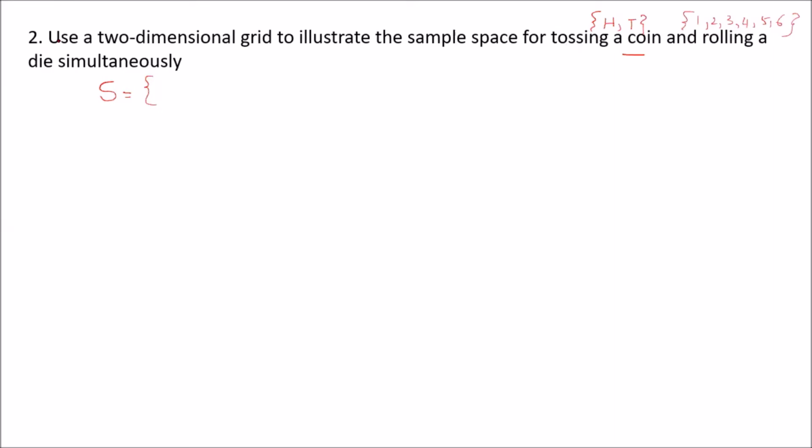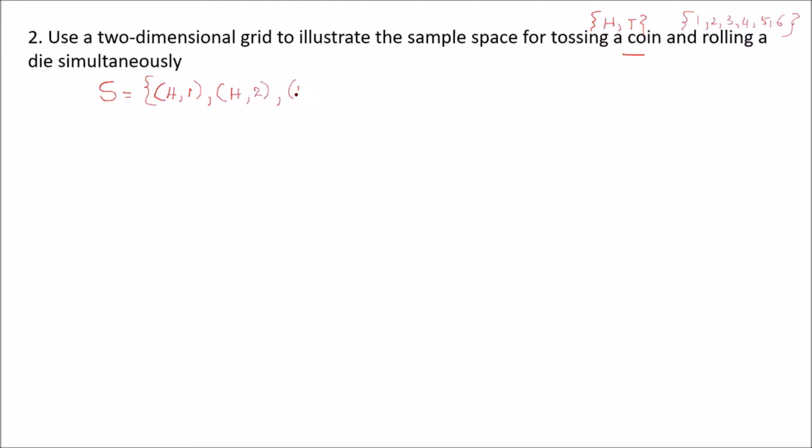Now we are going to do this to both experiments. Then what will be the outcomes? From the coin we get head and from the die we get number 1, that is one outcome. Or from the coin we get head, and from the die we get 2.